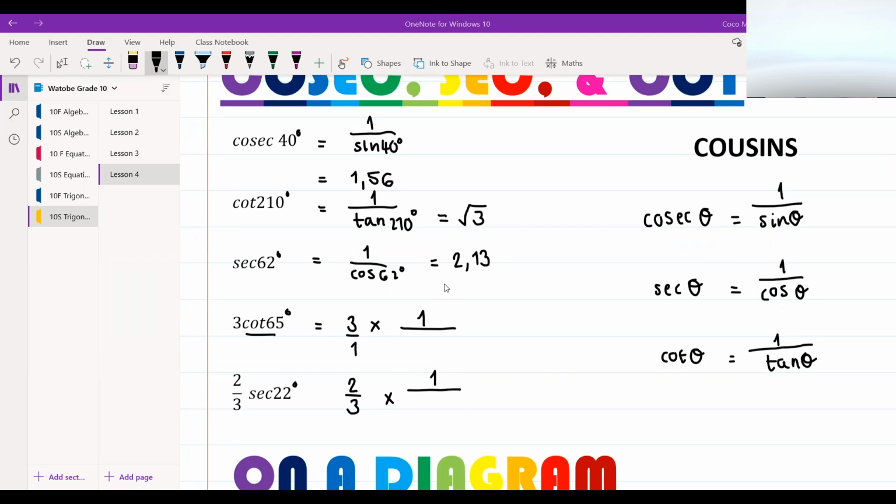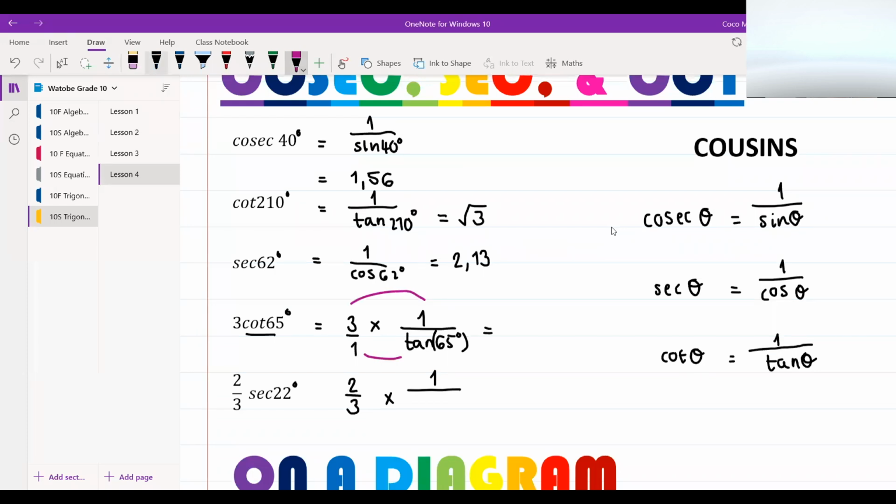Okay, so I'm going to get 3 divided by 1 times tan of 65. And Arisha, if you're having trouble with this, have a look on your calculator. These sine, cos, and tan buttons are on your calculator. Make sure you put brackets around this, otherwise it's going to give you a problem. This first one, remember when we multiply fractions, we multiply the top and multiply the bottom.